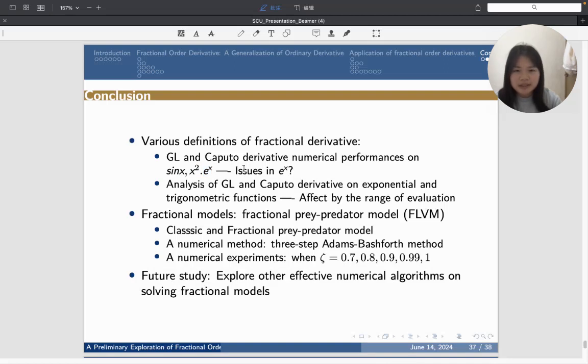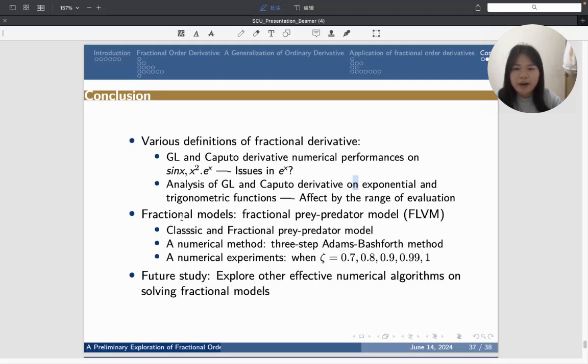From the numerical performances, I found that there are some issues with the exponential e^x, so I analyzed the GL and Caputo derivatives on the exponential and trigonometric functions. And the result is that just by changing the range of the evaluation, the result changes as well. So it reveals a property of the fractional derivatives that it is non-local, while the ordinary derivative is local.